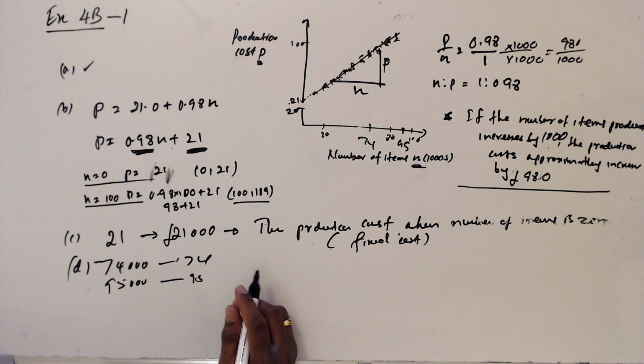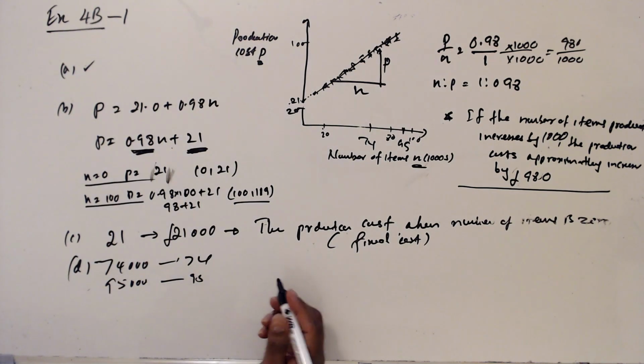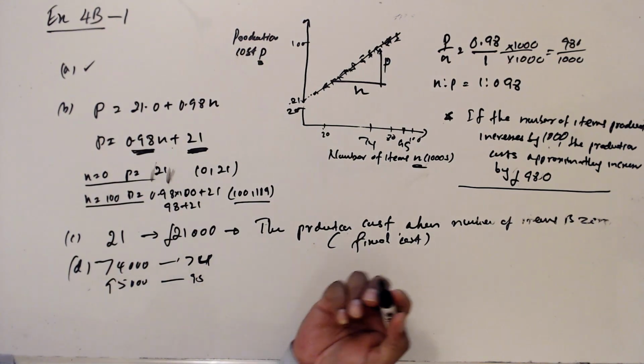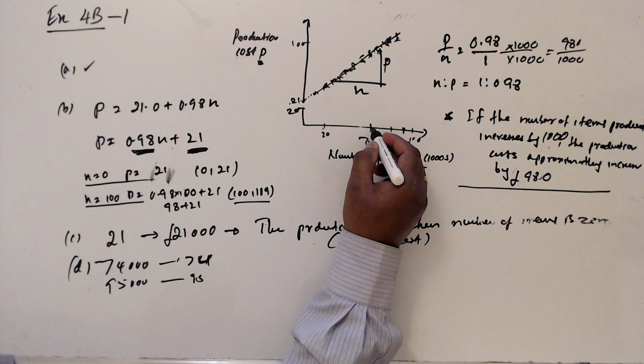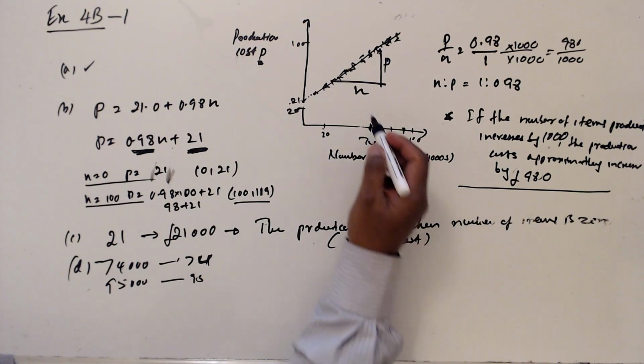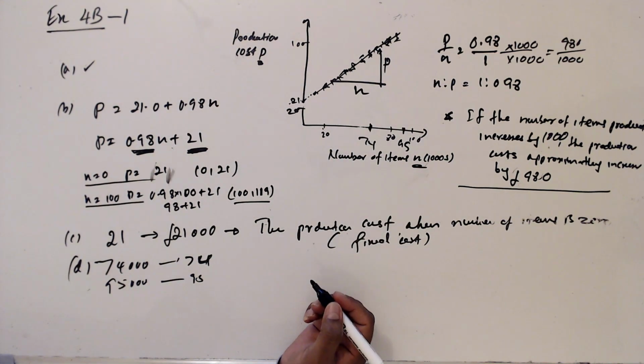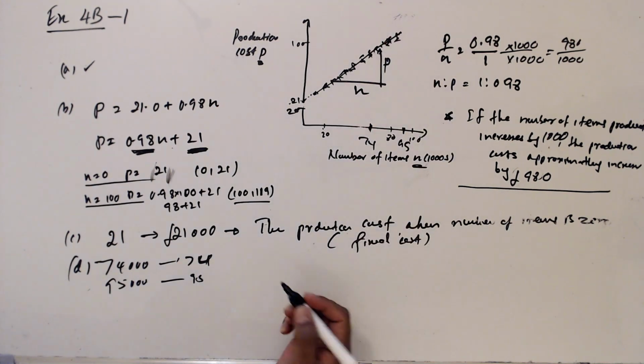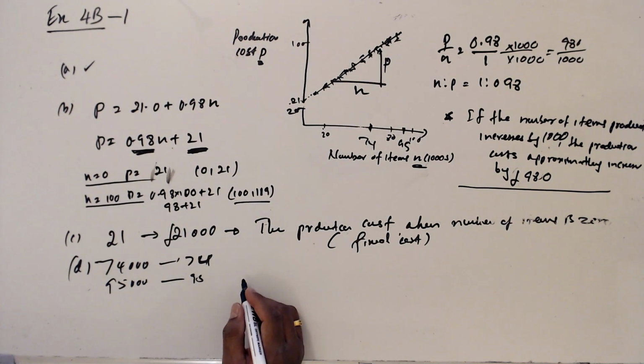The comment on suitability is about predicting the production cost for each month. So 74 is a value within the range, between the minimum and maximum. Hence this is an interpolation.